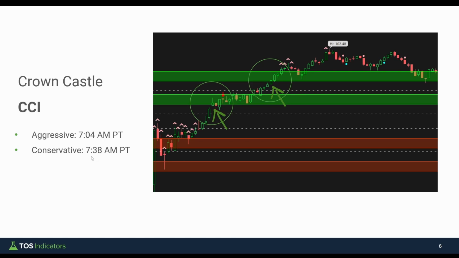The conservative volatility box, 7:38 a.m. Pacific. And don't worry about remembering these times. I'll show you a visual representation of that at the end, which will help everything click. So CCI, the thing to remember about this one, is that it had volatility earlier than the sector, where it breached its aggressive models well before even the sector did.